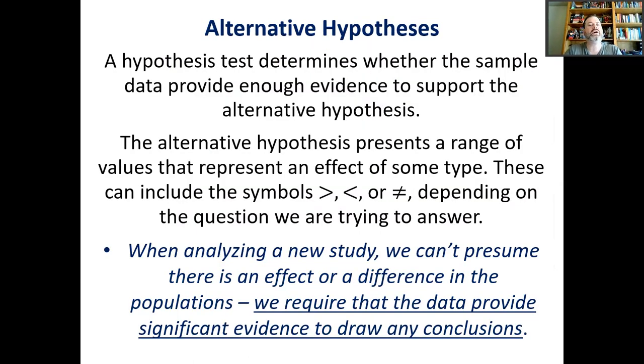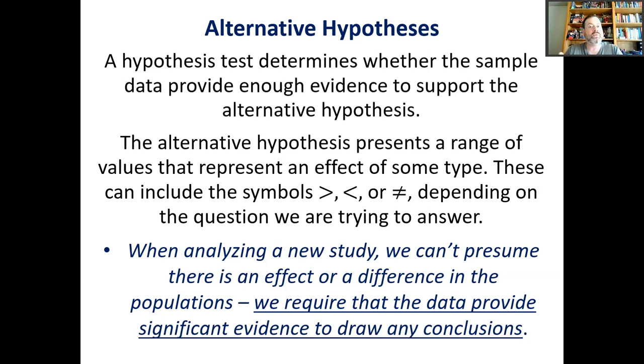Let's talk more about alternative hypotheses. So a hypothesis test determines whether the sample data provide enough evidence to support the alternative hypothesis. The alternative hypothesis presents a range of values that represent an effect of some type. These can include symbols greater than, less than, or not equal, depending on the question we're trying to answer.